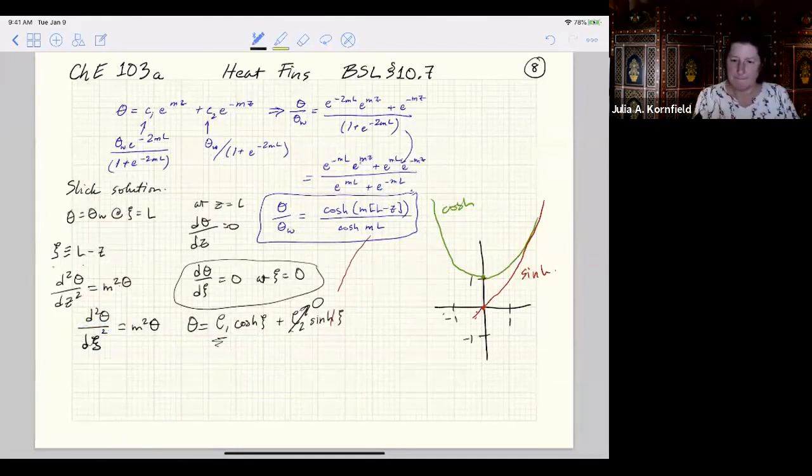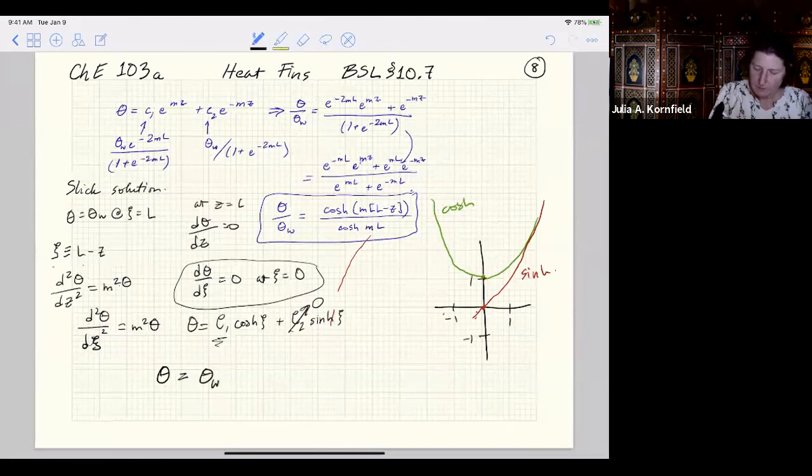Oops, I missed the values of m. Please forgive me, I forgot the values of m. They go right there.